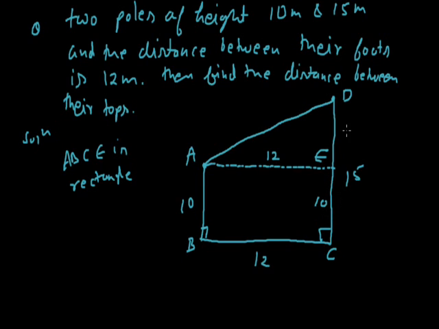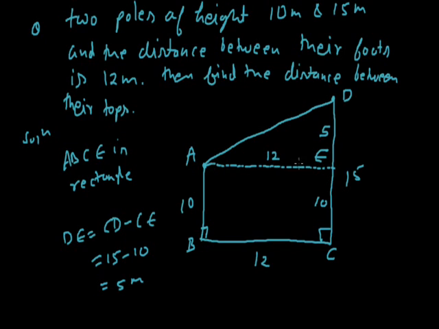So we can easily find the length of DE. The length of DE is nothing but CD minus CE, that is 15 minus 10, which is equal to 5 meter. So the length of DE is 5 meter.